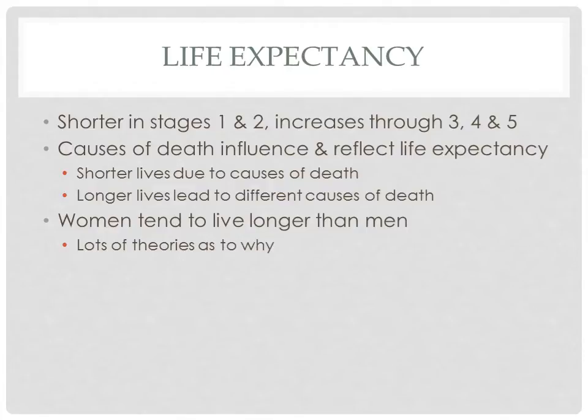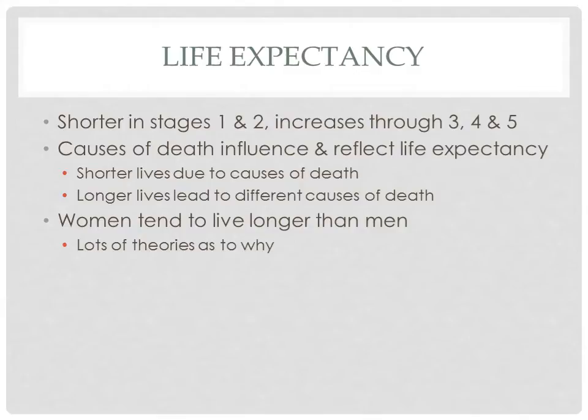Last thing that I want to mention today is looking at life expectancy and just mentioning the correlation here between the epidemiological transition model and life expectancy. Life expectancy is shorter in stages 1 and 2, but it gets longer in stages 3, 4, and 5.